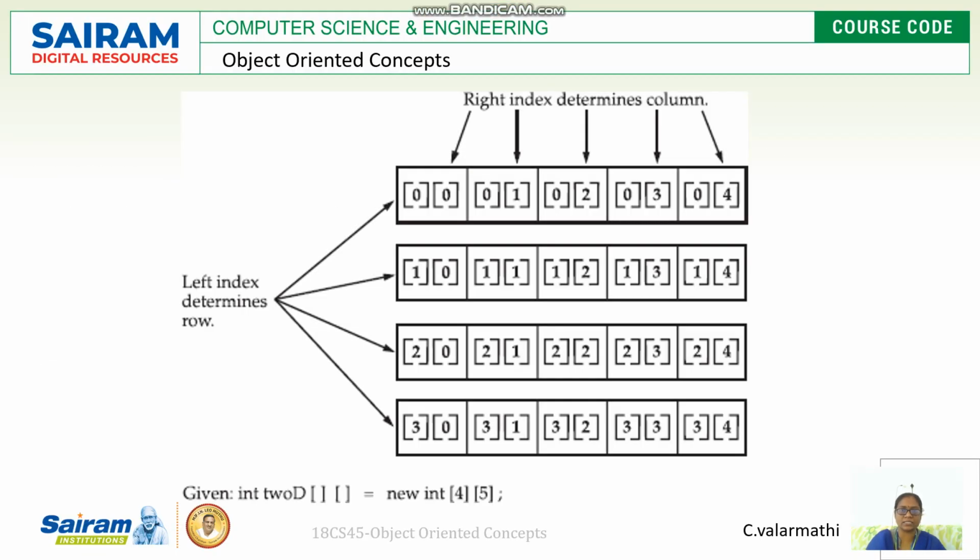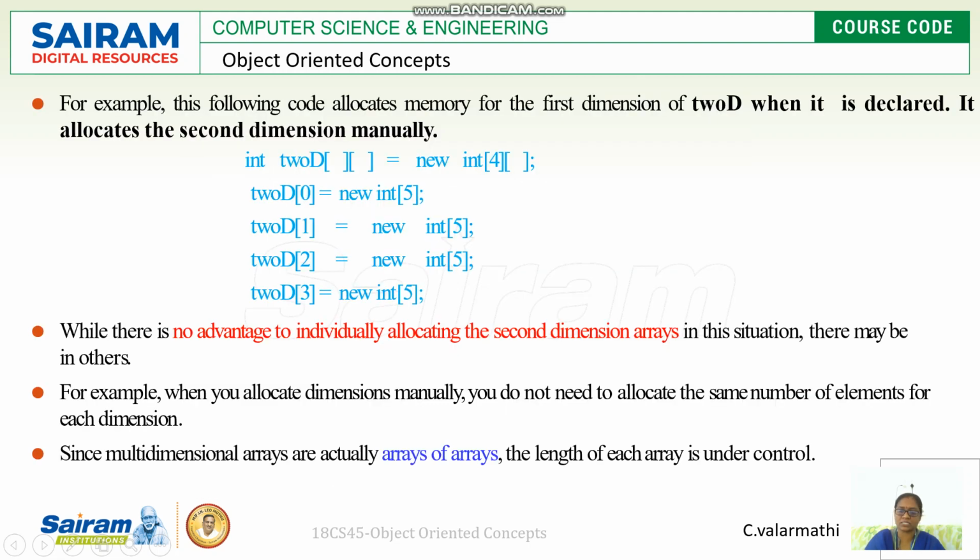Coming back to the slides, this is the diagram which shows how two-dimensional data will be stored in an indexed way. Here the horizontal axis shows the number of columns and the vertical axis shows the number of rows.